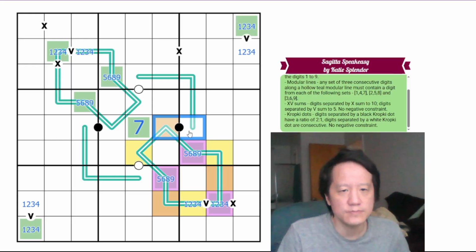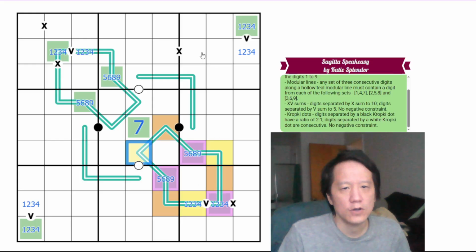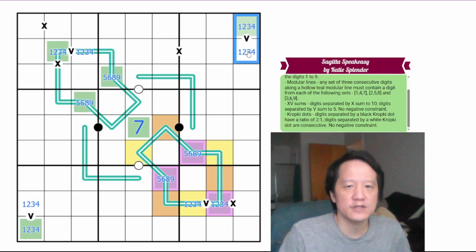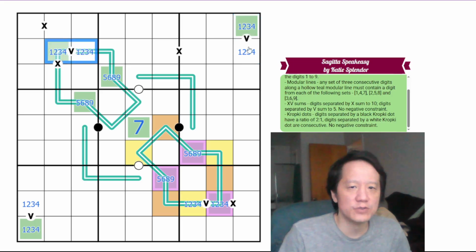The yellows are here. Okay. Yeah, let's do that. These two digits must be a different set of the V's than these two digits. The reason why is these two add up to 5, so neither of them can be that digit there.